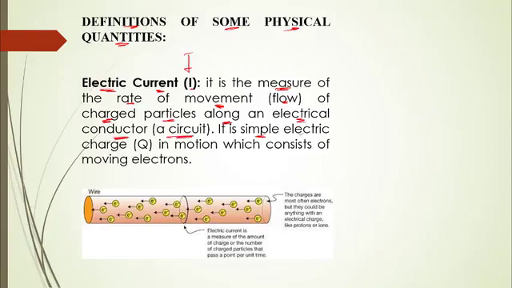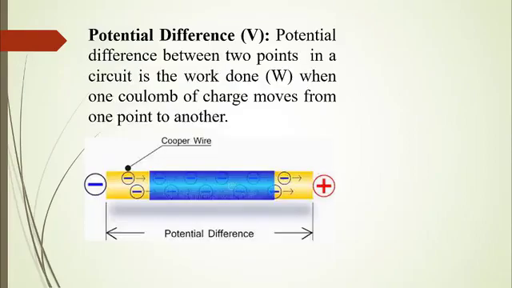It is a simple electric charge that is in motion, consisting of moving electrons. As you can see from the diagram here, this is a piece of wire consisting of negatively charged particles, otherwise known as electrons. And these electrons are in constant random motion from one point in the conductor to another point. When electrons are in motion, we call them electric current.